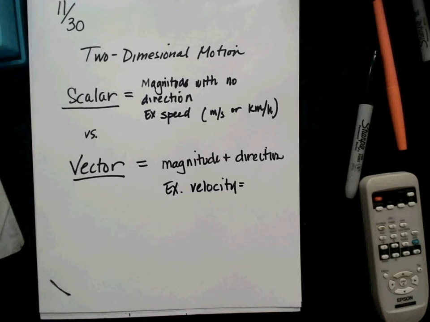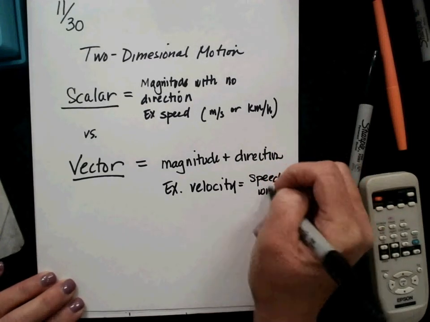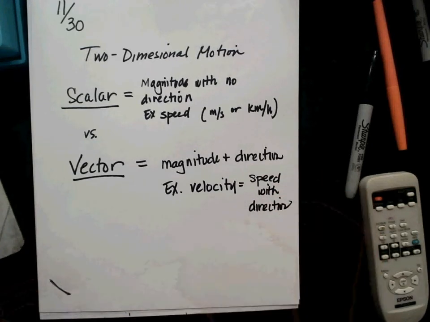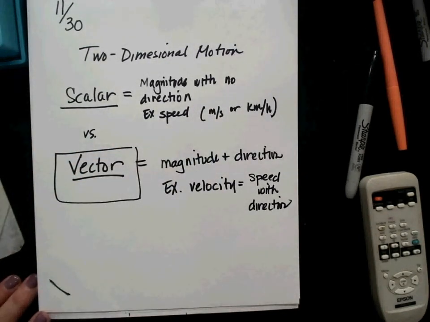Good, we could say that, or we could even say speed with direction. I figured we needed a little refresher on scalar versus vector. We are totally going to be working with vectors, but it's important that you remember the difference.